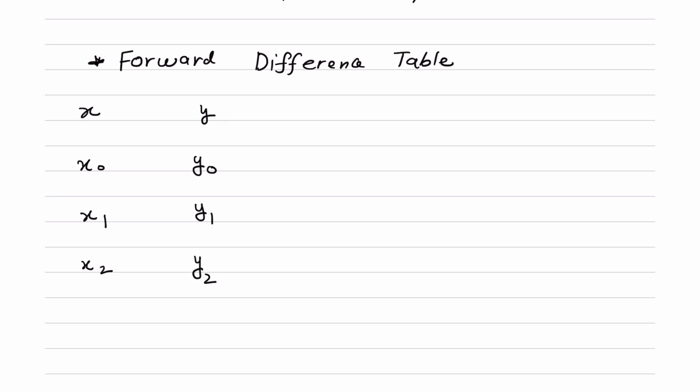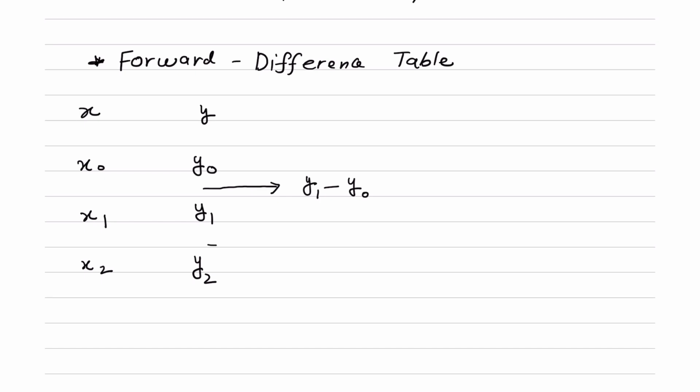Now to construct the forward difference table, what you have to do is put an arrow between two y values and calculate the difference between these two values. But remember that you always have to calculate the difference second value minus first, means y1 minus y0. It should not be y0 minus y1.